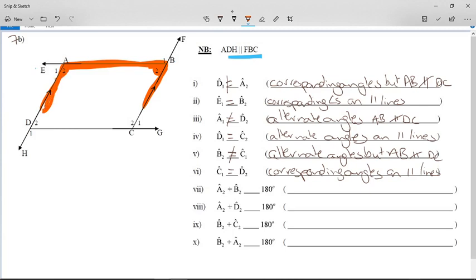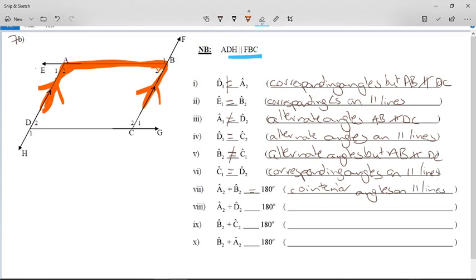They are co-interior angles. Now where are my parallel lines? Here are my parallel lines. So these two are going to equal 180 because they are on parallel lines.